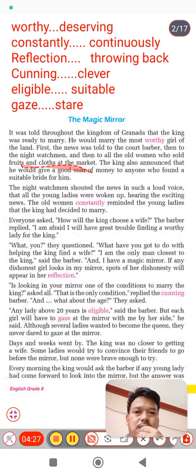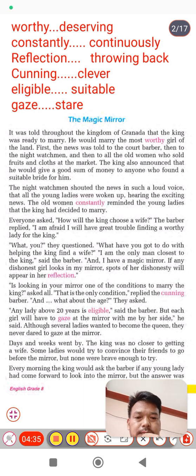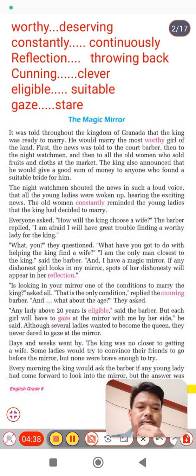The king also announced that he would give a good sum of money to anyone who found a suitable bride for him. So, in the first paragraph, students, it was told to everyone throughout the kingdom that the king was ready to marry and he was looking for a bride.